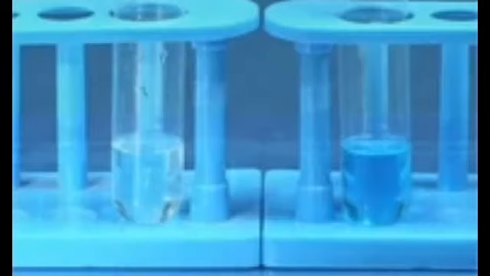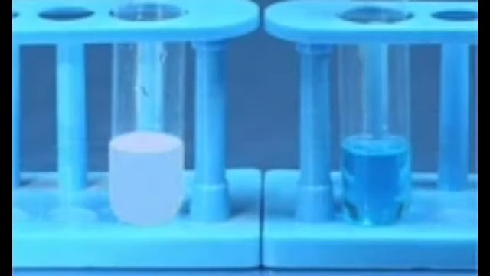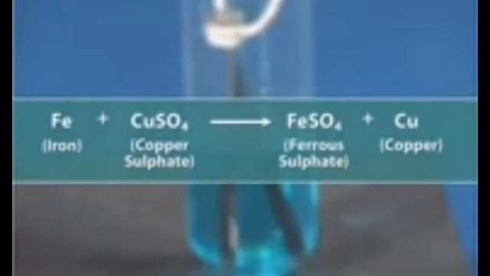You will find that the original deep blue color of the copper sulfate solution has faded away. What is the reason behind these changes? When iron nails are dipped in copper sulfate solution, the iron metal reacts with copper sulfate, which results in the formation of ferrous sulfate and copper metal.